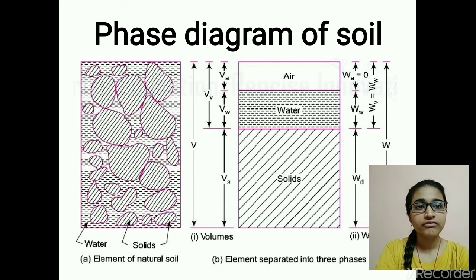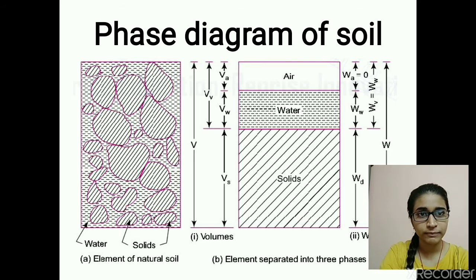Why? Because we represent each individual constituent in the form of a block: solids in the form of a block, water in the form of a block, and air also in the form of a block. One thing we have to take into consideration is that the percentage of air or water present inside the soil changes the properties of the soil.